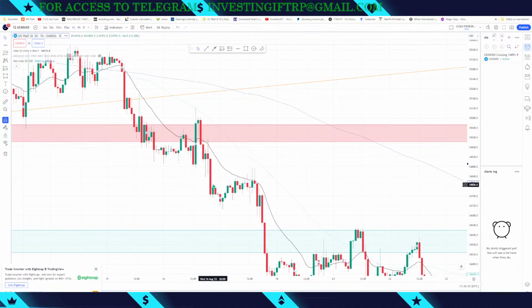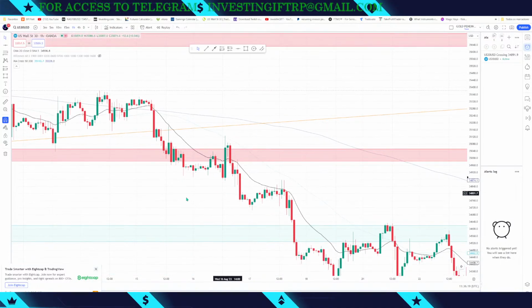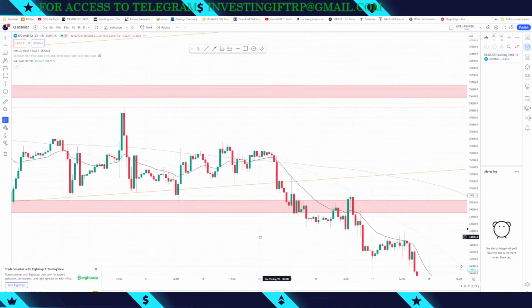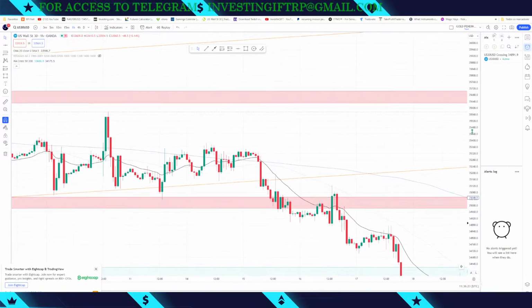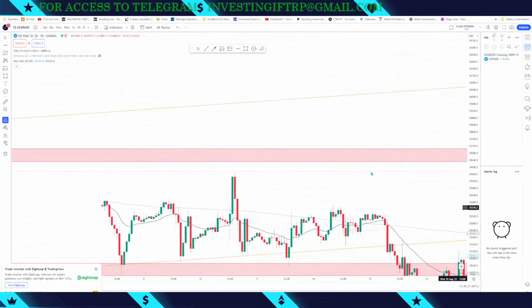The next hourly candle pulled back just a bit, about 30% as well. So when there are no wicks, the next hour should usually make a retracement. Not a full retracement, but some kind of retracement on the next candle. Here's another example: no wick to the downside. The next candle pulls up about 30%, and then goes all the way back down.